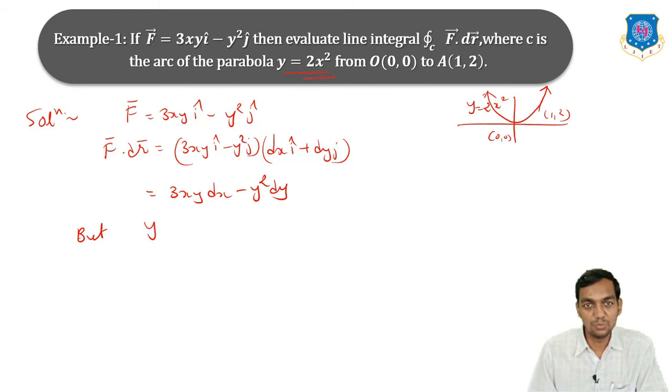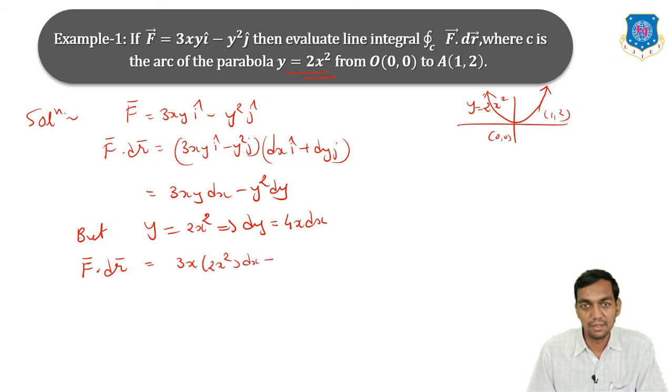That curve is the parabola y is equal to 2x square, and therefore dy is equal to 4x dx. So put it here, and that will give you f dot dr is equal to 3x times y, which is 2x square, into dx, minus y square, the whole square of 2x square, into dy, which is 4x dx. So this is going to be 3 times 2 is 6x cube dx minus 2 times 2 is 4, 4 times 4 is 16, x square the whole square, that is x raised to 4, into x, that will be x raised to 5, into dx.